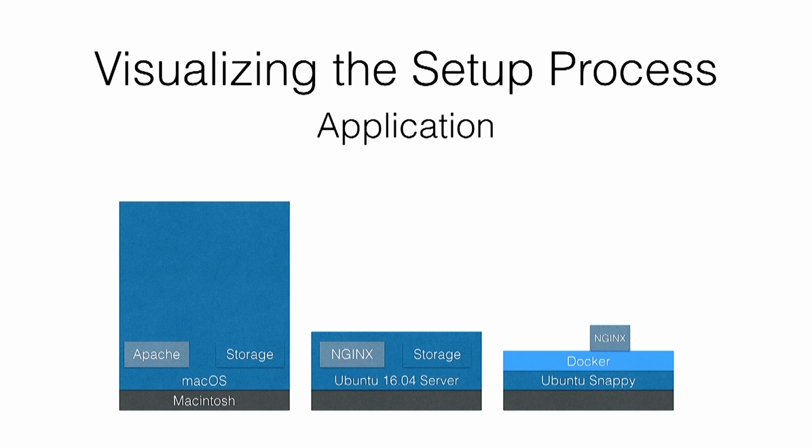So now we're going to look at what it would look like if I put Nginx on Docker. The thing with Docker is you have no storage. There's no local storage with Docker, so you have to have some place to put your data. So you now need a storage container. These are what Docker calls containers. So you have an Nginx container, and now you have a storage container.